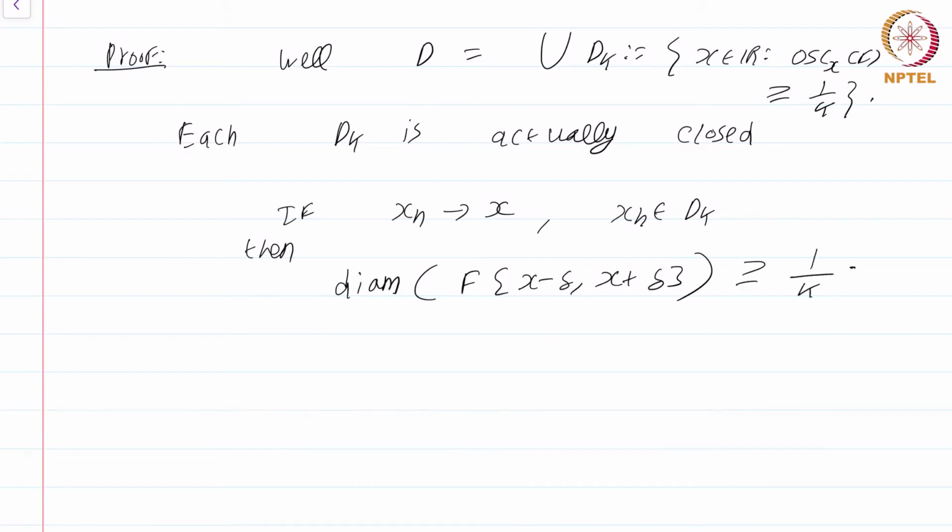Why is that? Because some x_n is an element of this open interval (x minus delta, x plus delta). Some x_n is a member.